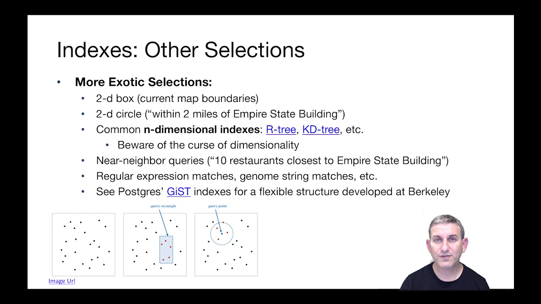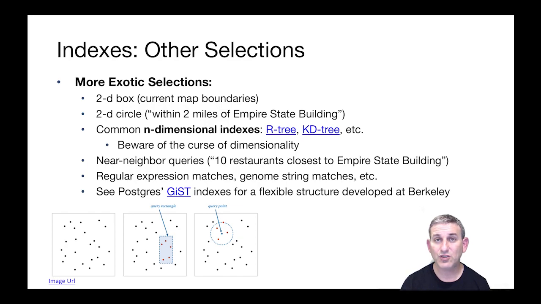There are other kinds of indexes that are commonly found in database systems that support more exotic selections than single-dimension equality and range queries. For example, there are indexes for geodata that support things like two-dimensional boxes. So you can imagine in a Google Maps type scenario, find all the points within the current boundaries of the map.